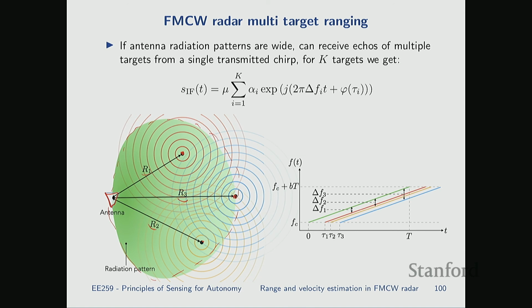The green is the chirp that you send, and then you receive 3 chirps with 3 different times of flight, tau 1, tau 2, tau 3, and each induces a frequency in the IF signal, delta F1, delta F2, and delta F3, which are proportional to the range of the 3 targets. So if we just FFT this, we should see 3 peaks at the corresponding frequencies of the 3 different targets.